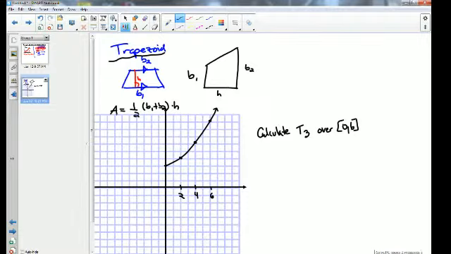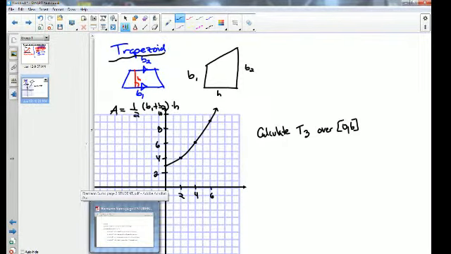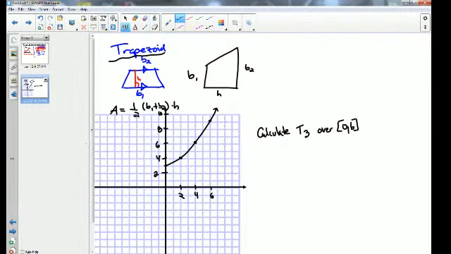R is right Riemann. So we have L, left Riemann, R is right Riemann, M is midpoint, T is trapezoid. We don't know circular sums, thankfully, because they just go round and round.